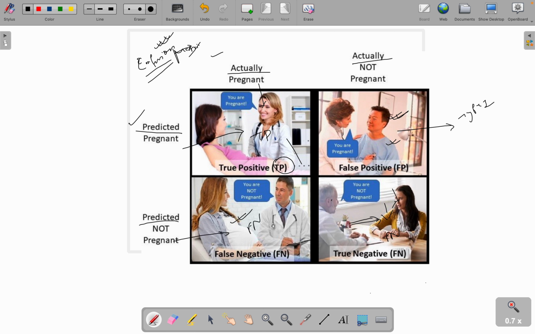So this is called the false negative, and this is a type 2 error. Sometimes in the interview they will ask you what type 1 and type 2 errors are. So type 1 is actually not pregnant but predicted as pregnant. Here actually it is pregnant but the model is saying it is not pregnant. So this is the false negative.